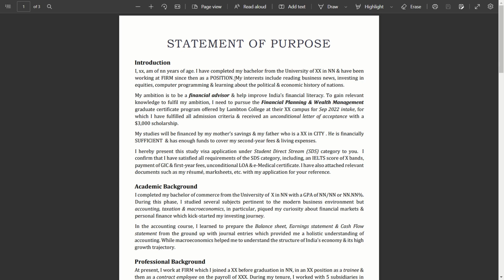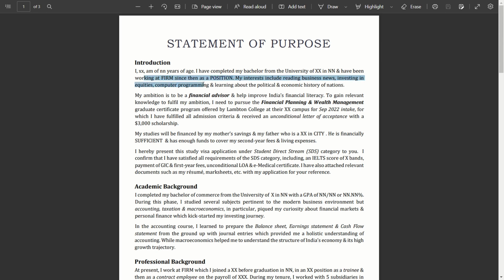Since I'm applying for a financial planning program, I'm saying that I have done a bachelor in commerce, and I'm interested in business and finance. Maybe I'm a financial planner or a banker in India. That way he gets an idea of my past and sees that I am a nice candidate for a financial planning program.